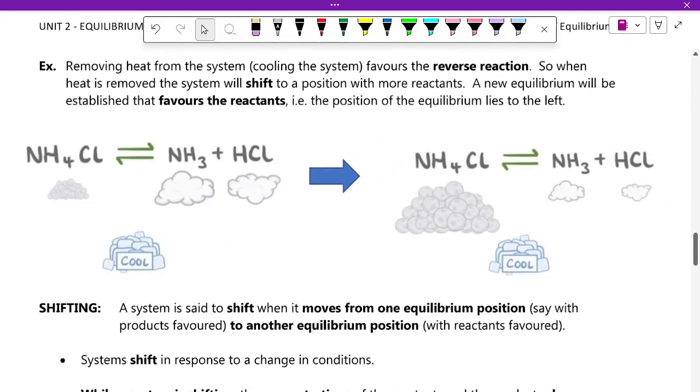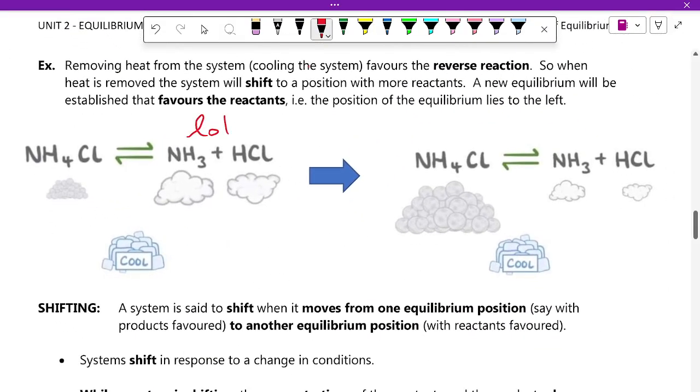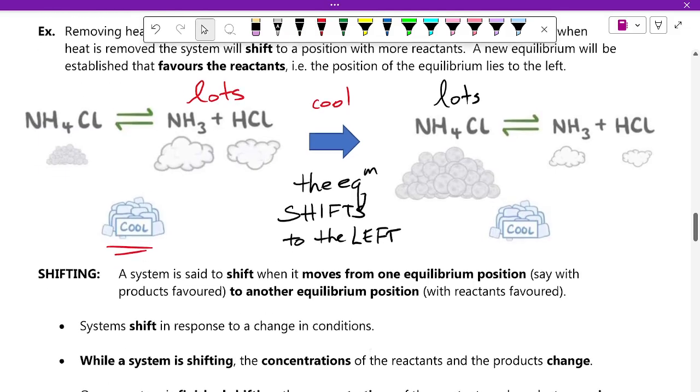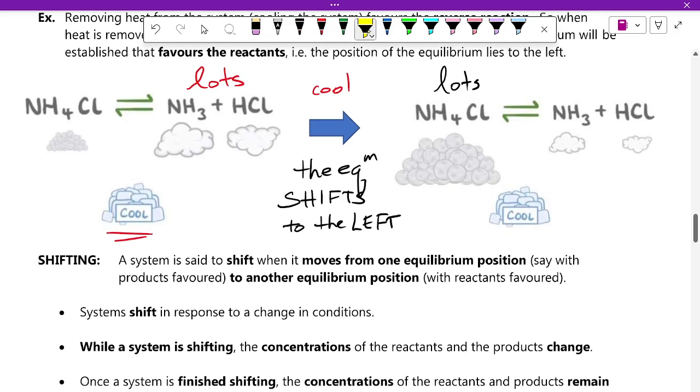So if we start with lots of product and we cool it, the equilibrium shifts, okay, and so we end up with lots of reactant. And this just defines shifting, which we've already talked about.